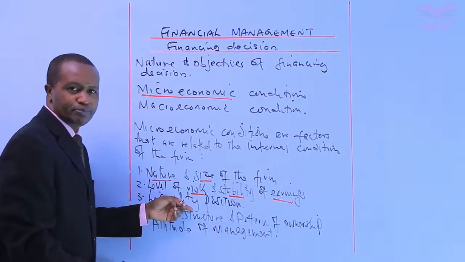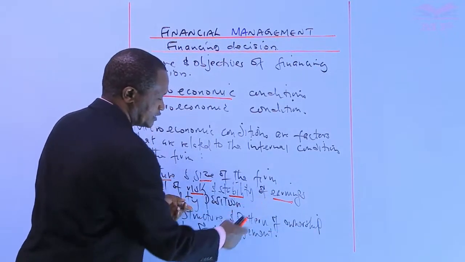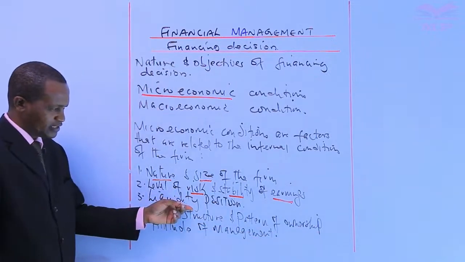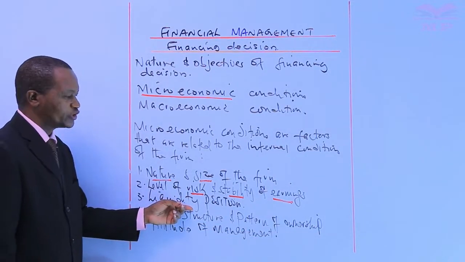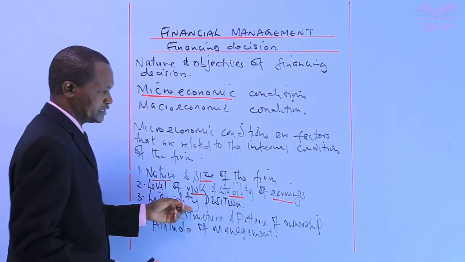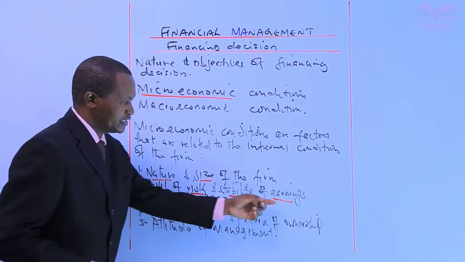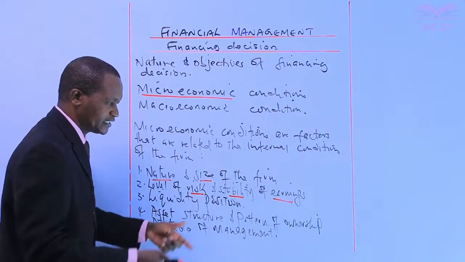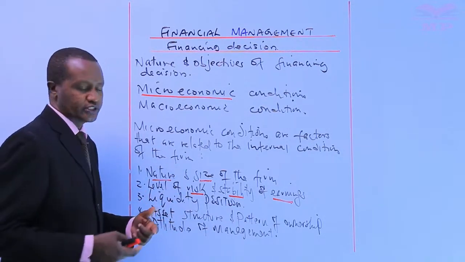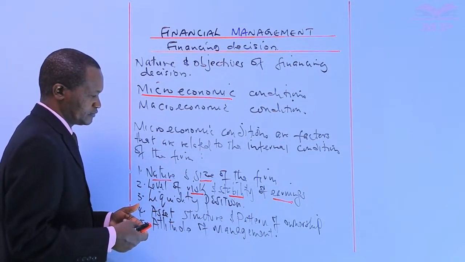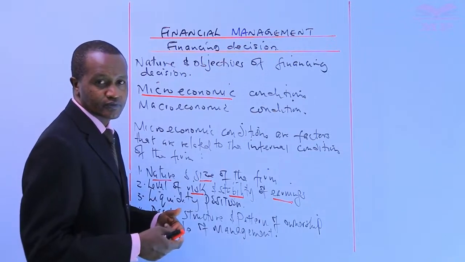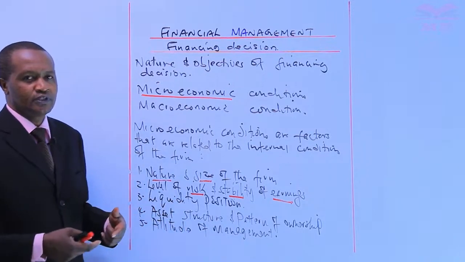Liberal, easily pays dividends out of earnings. A firm that adopts a conservative dividend policy is a firm that, instead of paying dividends, uses these earnings to finance its obligations. All right?